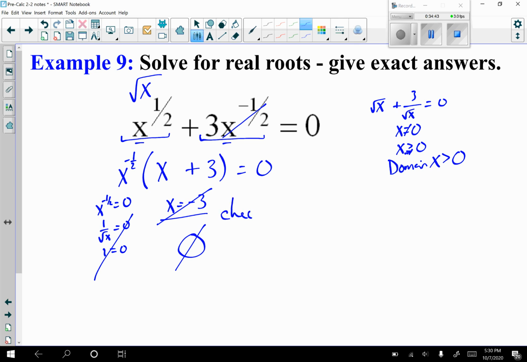Always check the domain of the original problem. We didn't do anything wrong solving it. We just need to check the domain. Now, because these are square roots, some of these are a little bit easier, like this one. Maybe we can take root x equals negative 3 over root x, multiply, and x equals negative 3. Looks good.